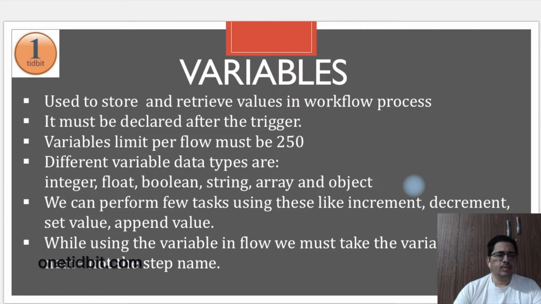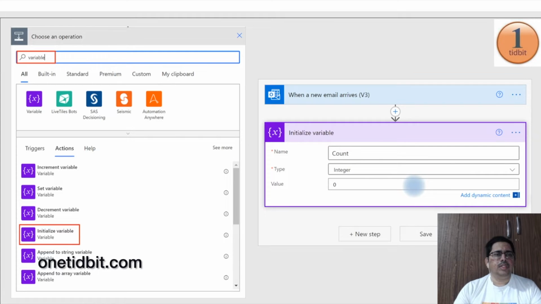And in the flow, if you type variable, you can see all the actions related to this variable, say increment variable, set variable, append to array variable, and so on. On the right side you can see I have initialized an integer variable with the name count, and we can give the value as 0 or keep it blank.